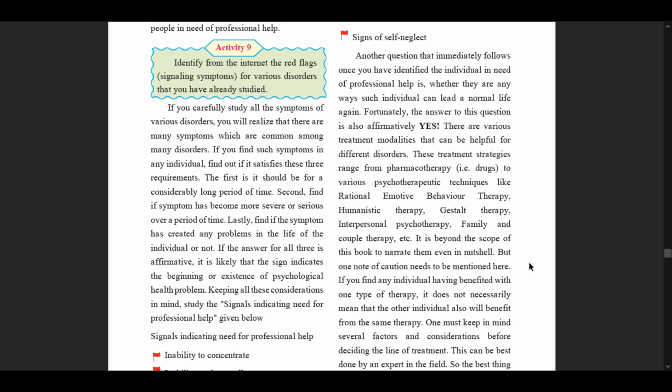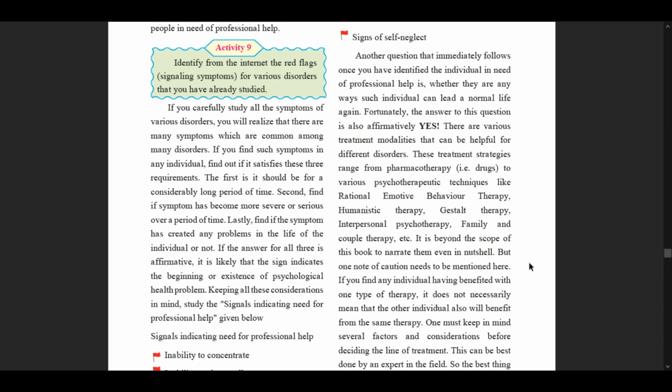This is for individuals that are having issues with relationships and other people, that include their family members, their colleagues at work, different acquaintances and their bosses as well. So this is the function of interpersonal psychotherapy.